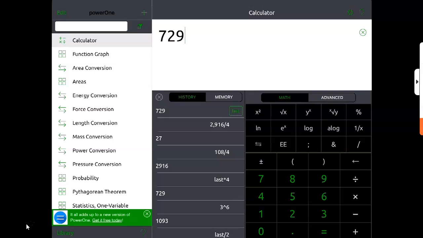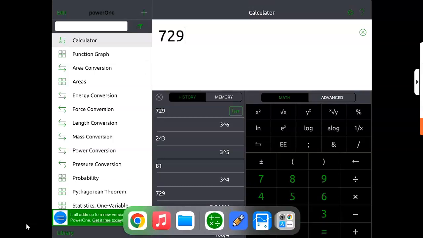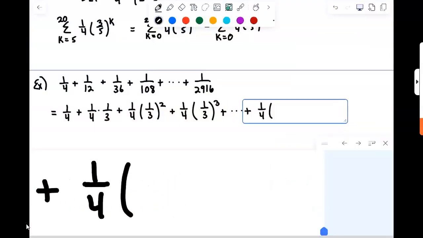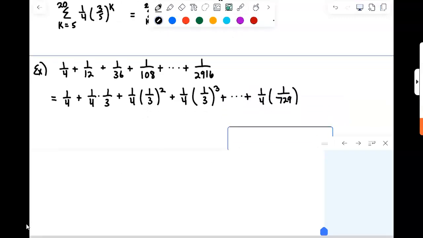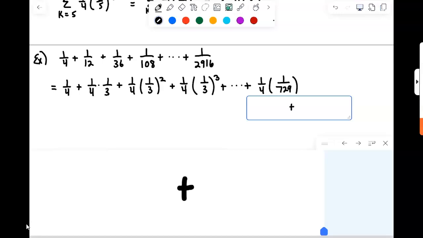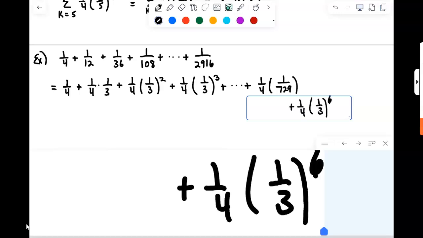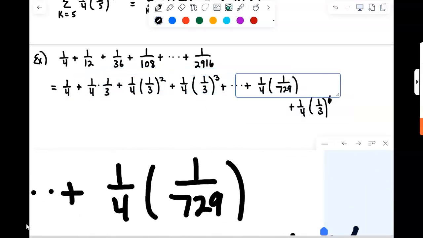So we already know 3 cubed was 27. 3 to the 4th is 81. 3 to the 5th is 243. 3 to the 6th is 729. Okay. So that 1/729 would be the same as 1/4 times 1/3 to the 6th. Right, they all have to fit that pattern.